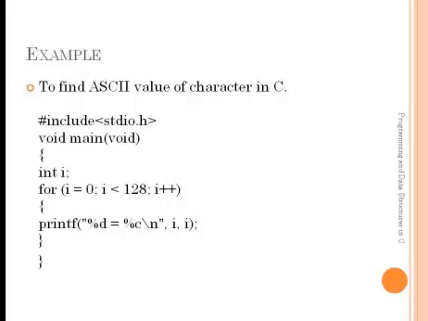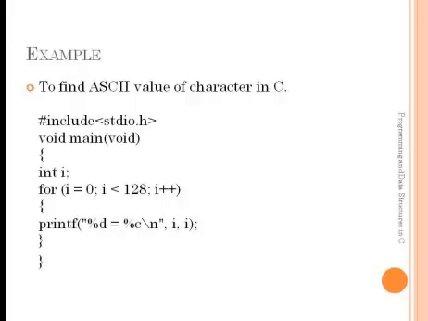At the second iteration, after executing this, this is the last statement in the for loop. So the control goes back here and checks this increment operation, i++, that is i equals 1. Now it will perform the test condition, that is 1 less than 128. This condition is true. Again it will execute the for loop block. The output after the second iteration is 1 equals SOH, which means start of heading.